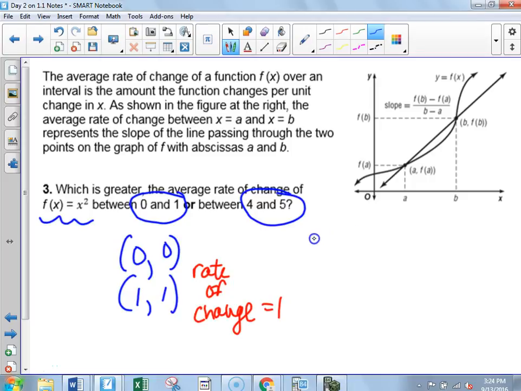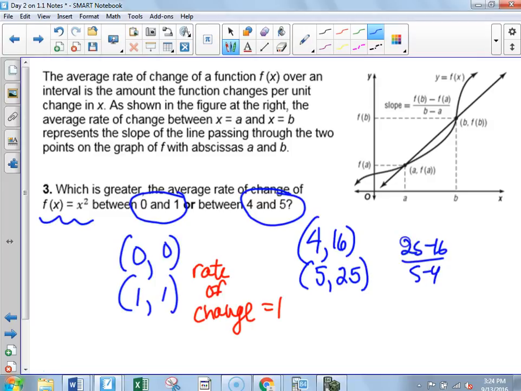What if I put a 4 in and square it, and a 5 in and square it? 25 minus 16 over 5 minus 4 is 9. The rate of change here is 9.